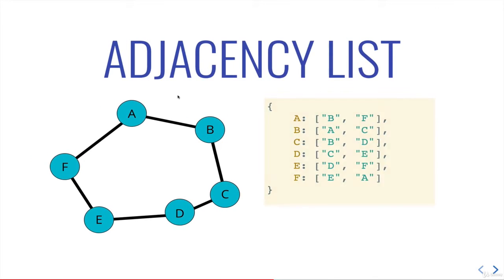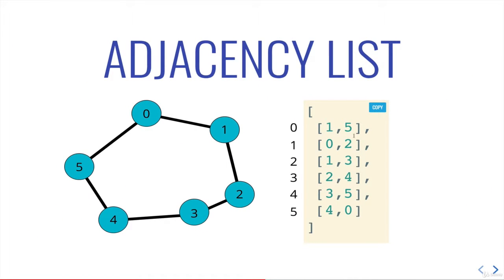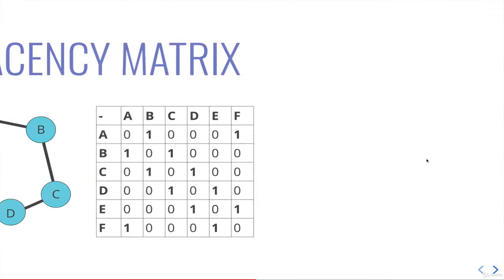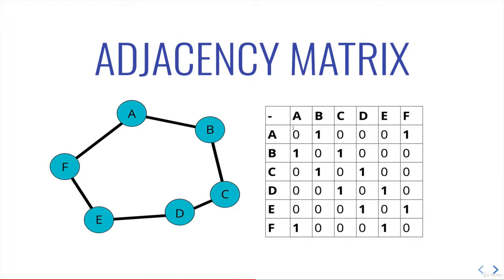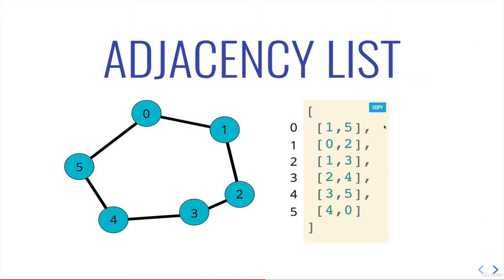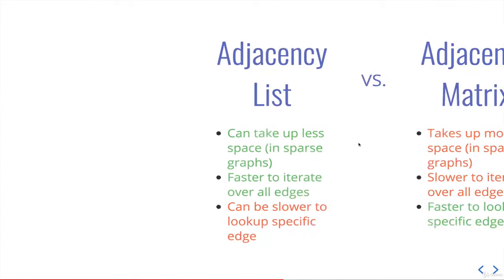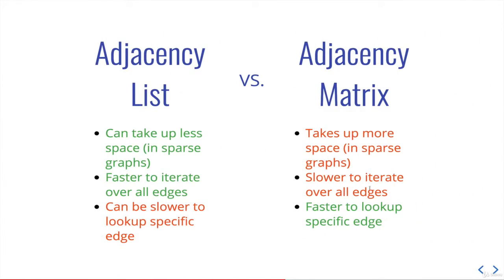If we have this structure, we can just say, all right, here's all the edges. If we go to a matrix, we're going to have to iterate over a bunch of things that aren't edges. There are things stored here that don't exist. We're leaving empty spaces, versus in an adjacency list, we're only storing the meat, the actual connections. So it's faster to iterate over all edges in a list, slower in a matrix.